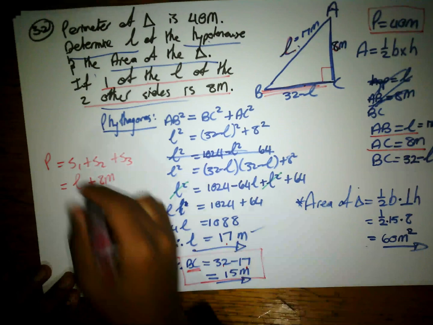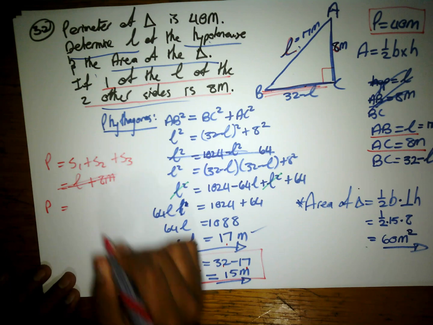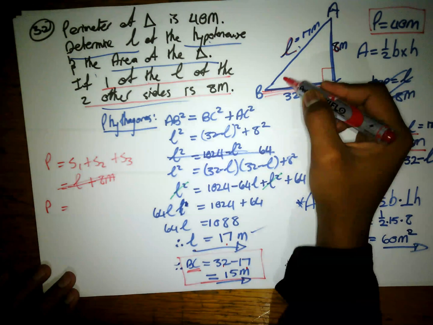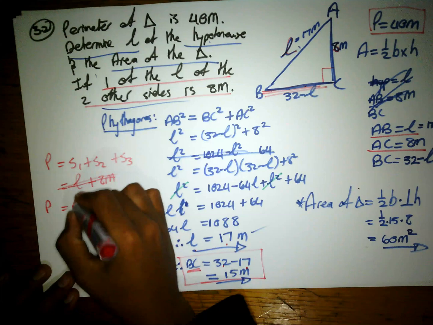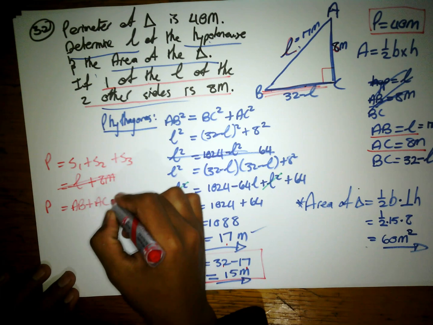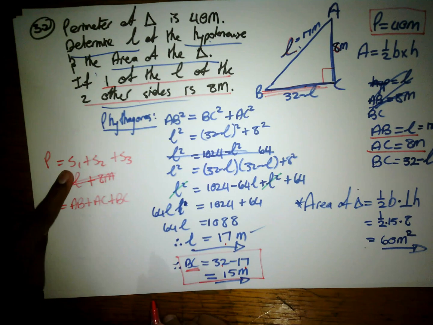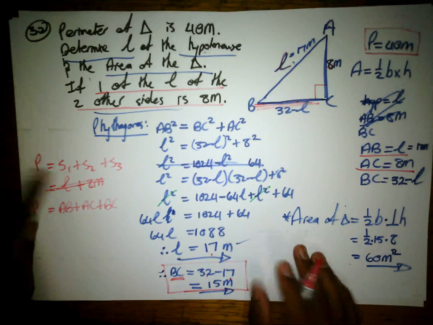But let's do it like this. The perimeter of this triangle would be AB plus AC plus BC. It's still the same thing as this, but this is now for our triangle.